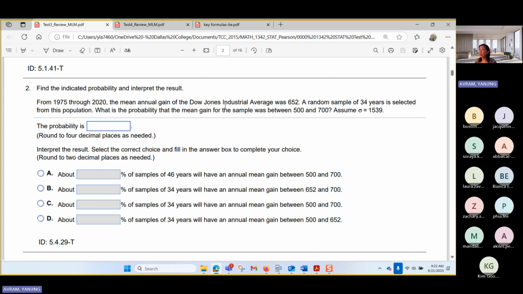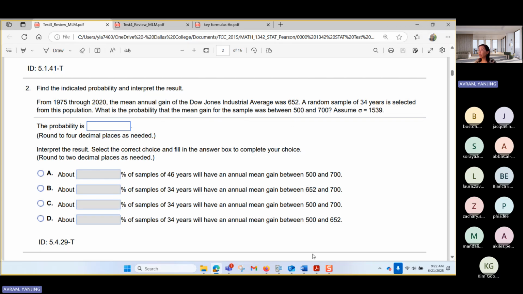Okay, so the average, the industry average was 652, right? And you want to find the probability, the mean gain for the sample between 500 to 700.